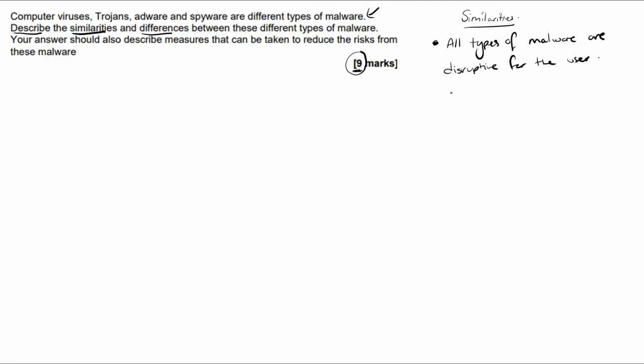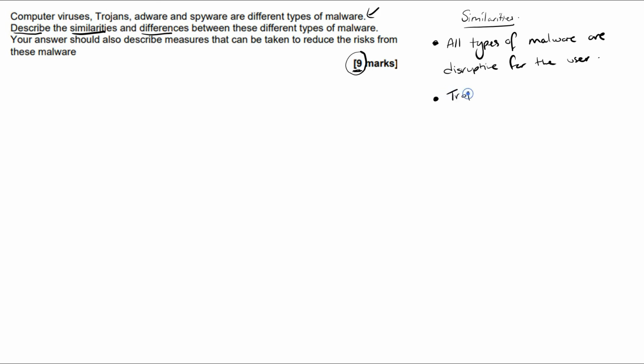You've then got trojans and spyware. Now, the similarities between those two is that you'll probably end up downloading them without realizing, because they'll be attached to another application.